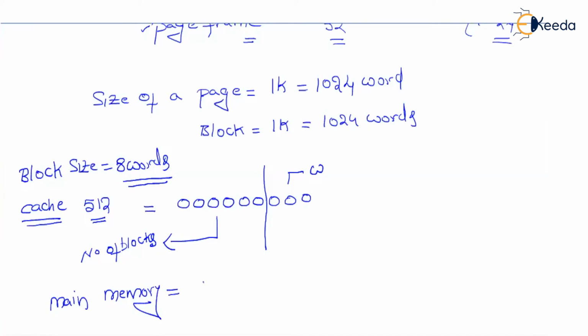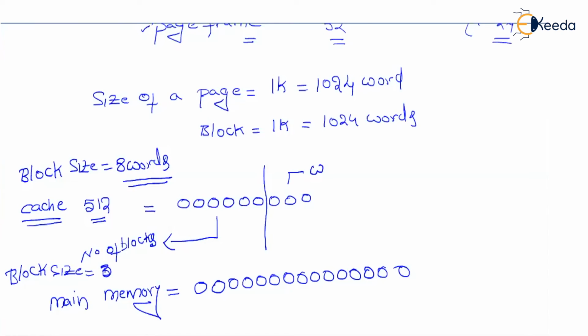again, let me write it: 1, 2, 3, 4, 5, 6, 7, 8, 9, 10, 11, 12, 13, 14, 15. Here, in our system right now, we are using a block size of 1024 words.